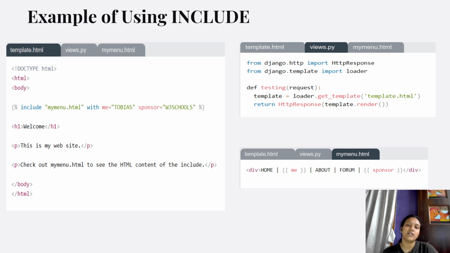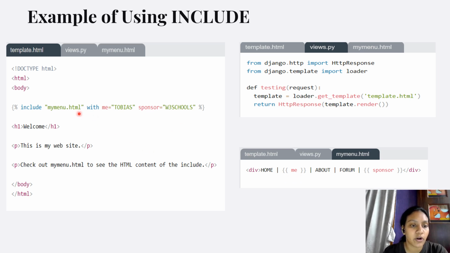Now, let us consider an example of how we are going to use the include. Here we have the template.html file where we are creating a doctype HTML and body, and then we are giving the include tag with mymenu.html. As we can see in the other part, mymenu.html is another separate HTML file which we are going to include in our web page.